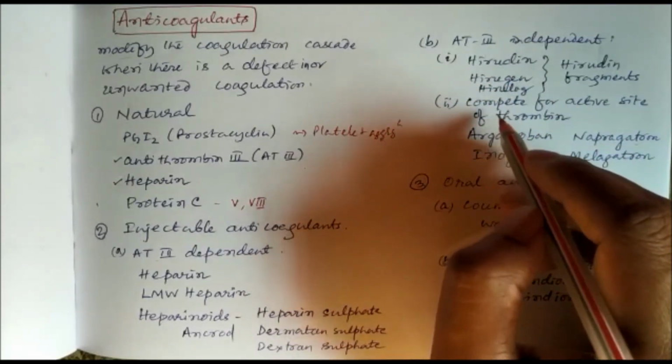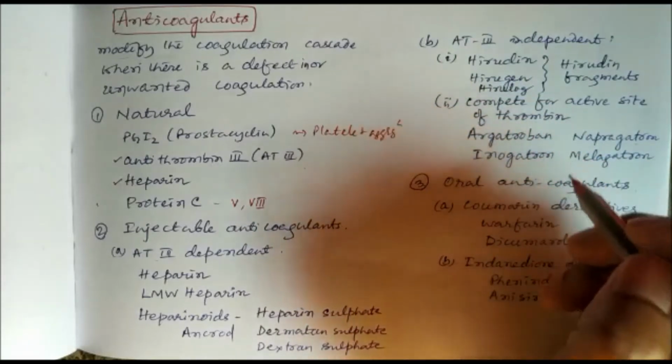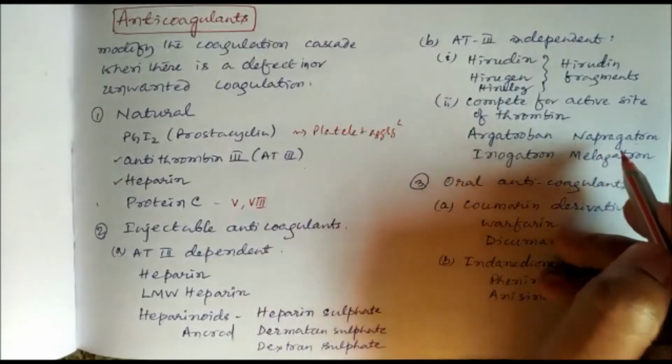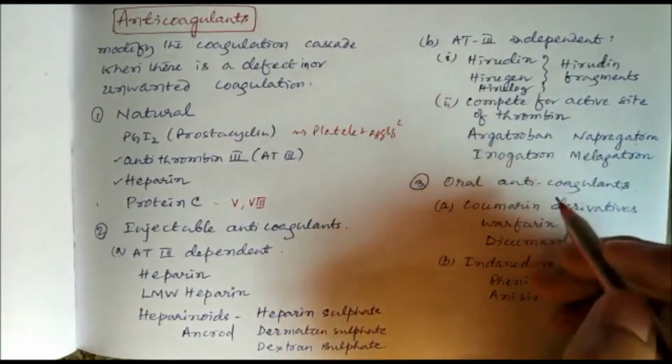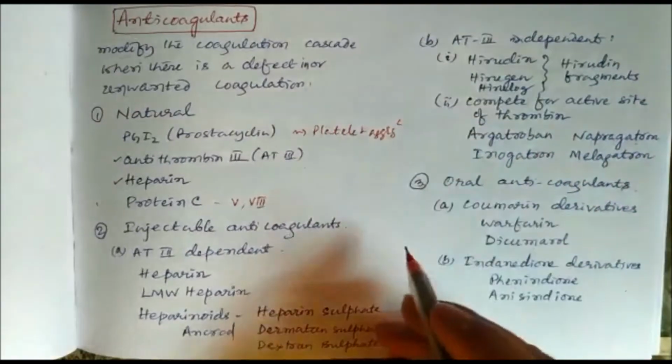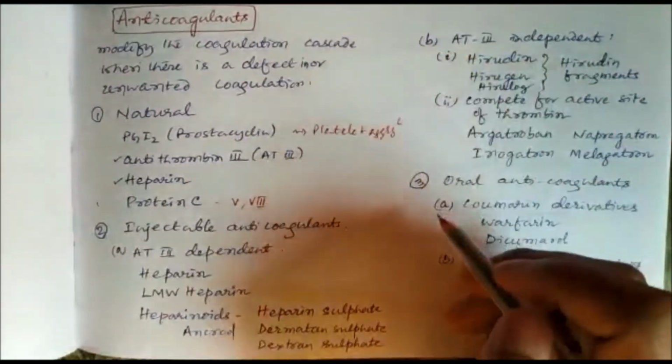Then there are those that compete for the active site of thrombin: argatroban, inogatran, napsagatran, melagatran. They compete for the active sites of thrombin, so they are AT3 independent.